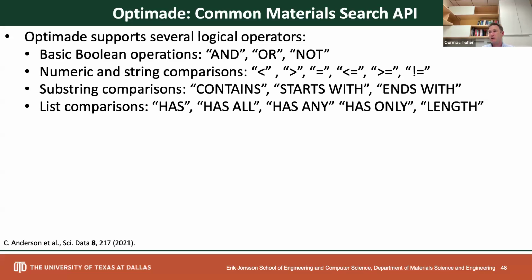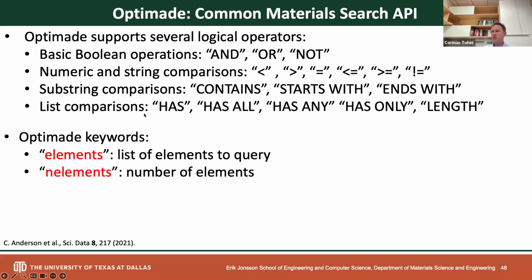So this is has. If you do a list of elements with has, that means anything that includes these elements but also has more. Has all would be has just these elements. Has any would be like the or, has this or this. Has only would be has only these elements, and then length, which gives the length of a list.